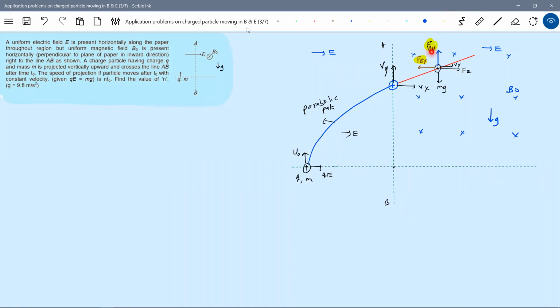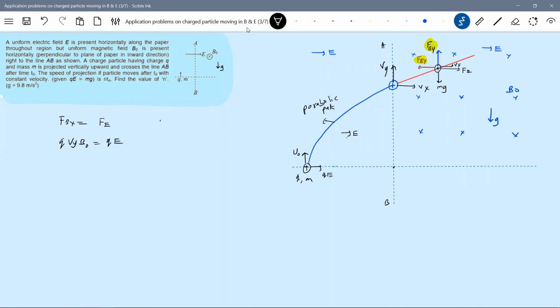This Y component of magnetic force. Who will balance electrostatic force? The X component of magnetic force. So what is Fbx? I think our problem will be solved if we are able to think this much is equal to Fe. So what is Fbx? Fbx should be equal to Q Vy into B naught. This is the one equation.